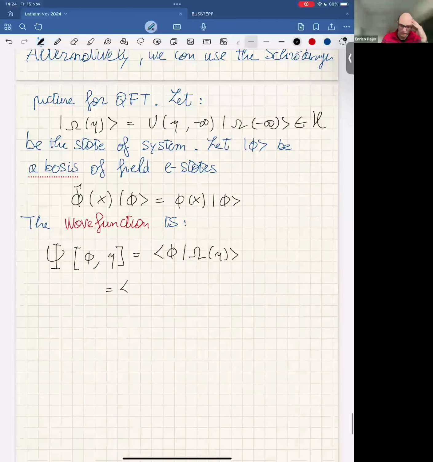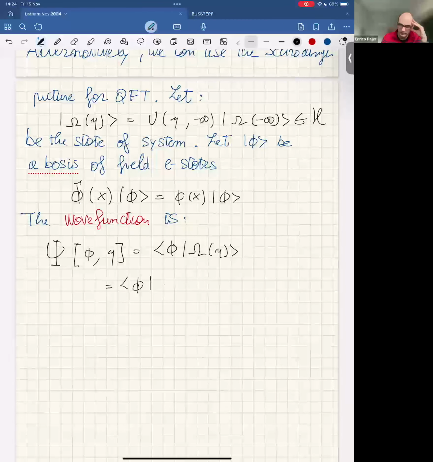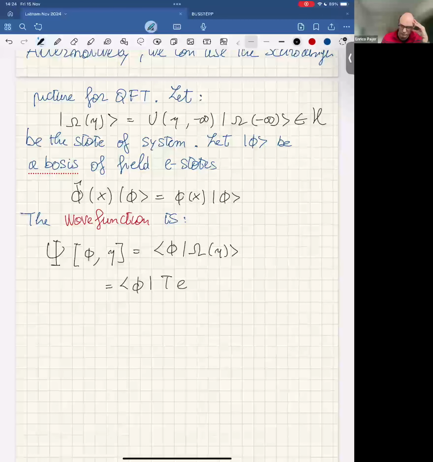Very good. So what was that arbitrary state? That arbitrary state was given by the time evolution operator U acting on some initial state, and the time evolution operator is e to the minus i integral of the interaction Hamiltonian, from some initial state at time minus infinity.